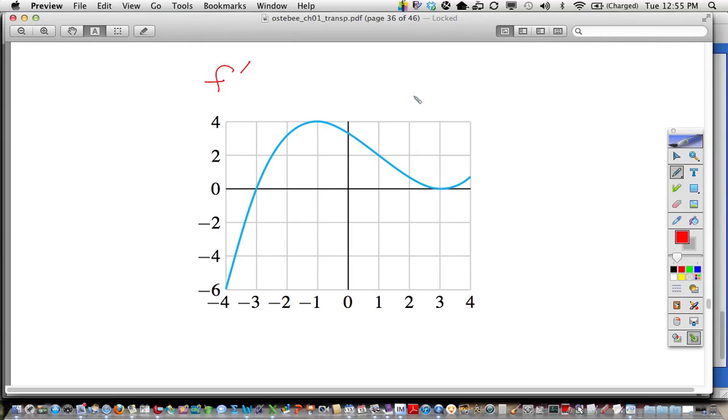So first off, if this is F prime, what are the things that I should really focus on, first of all, before I even answer any of the questions? Those are big. This is positive, and this is negative. Do I care about that?